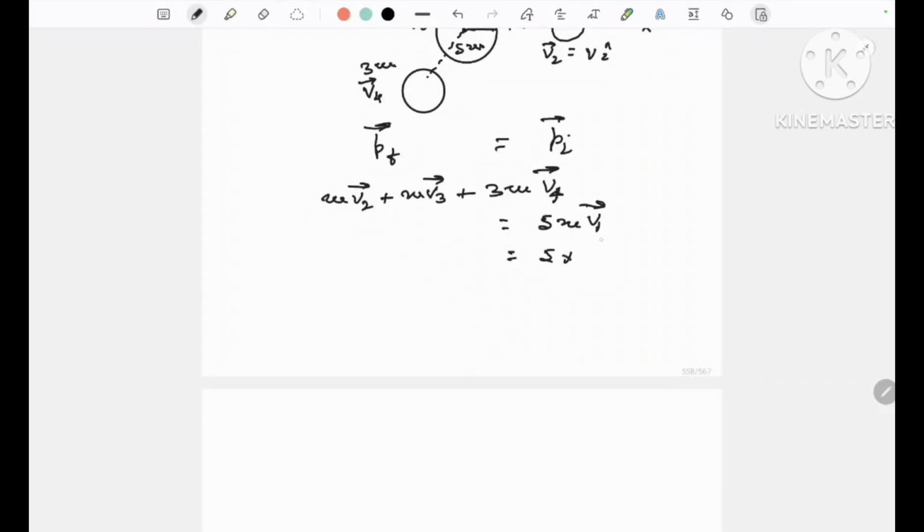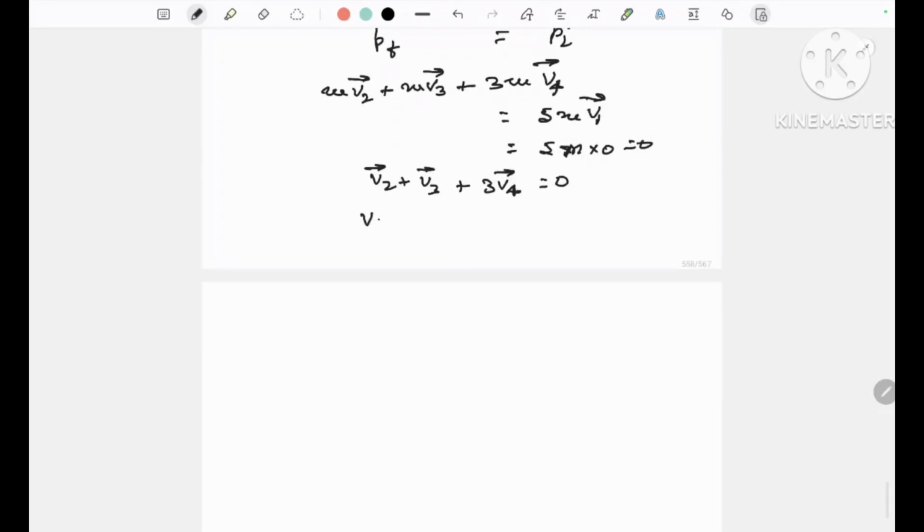Here v1 is 0, so the initial momentum is 0, or v2 plus v3 plus 3 v4 is equal to 0. v2 is v i cap and v3 is v j cap, plus 3 v4.